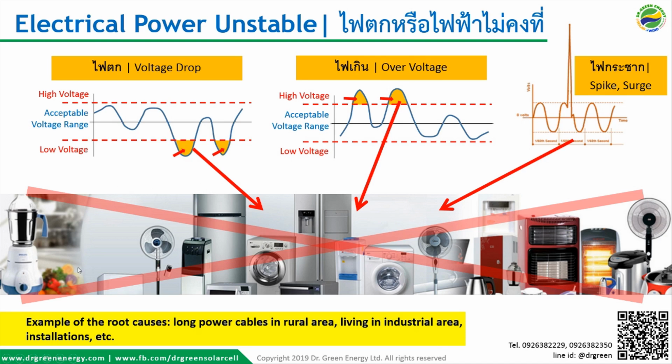So again, if your home has the problem of unstable power, it will cause problems to every appliance in your home. Sometimes it's faulty, sometimes it stops working, and sometimes you have to buy a new one, which is the worst case. So how do we prevent this problem and how do we solve it?